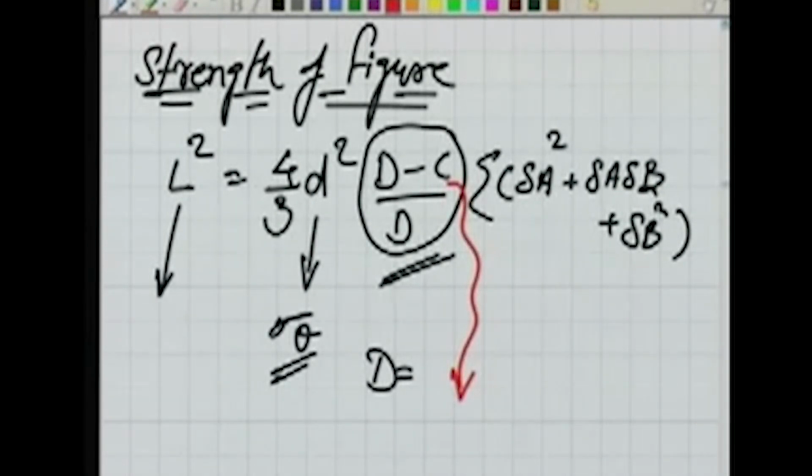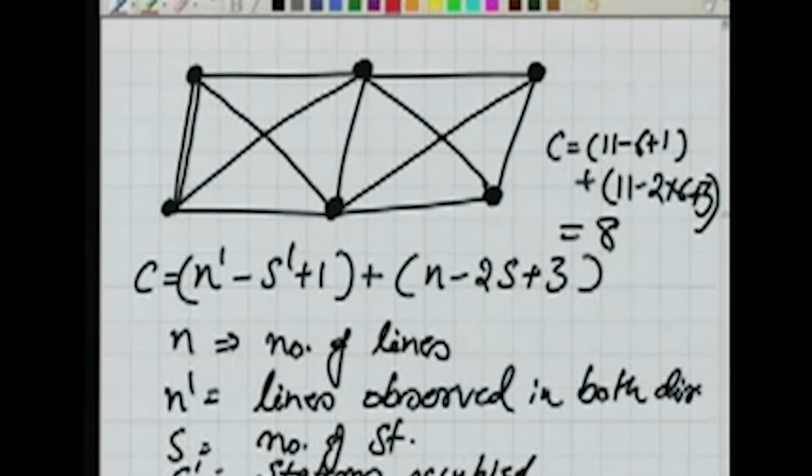Now what is the value of C? To see that, we'll look at this figure again. Now the C is given as n dash minus s dash plus 1 plus n minus 2s plus 3, where n is number of lines. How many lines are there? Total number of lines, which are 11.